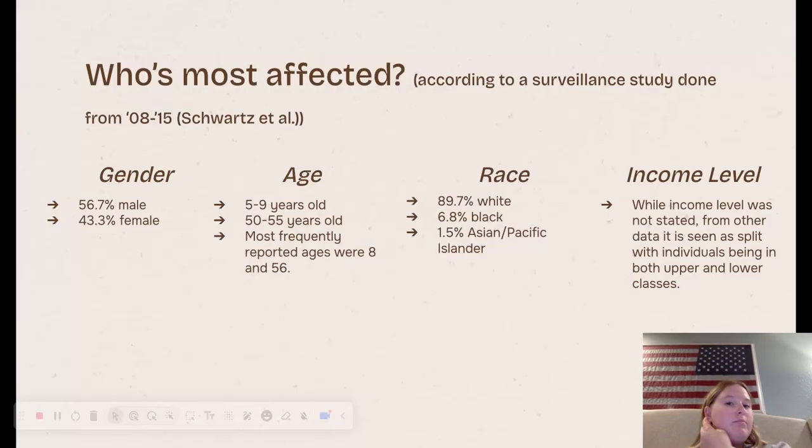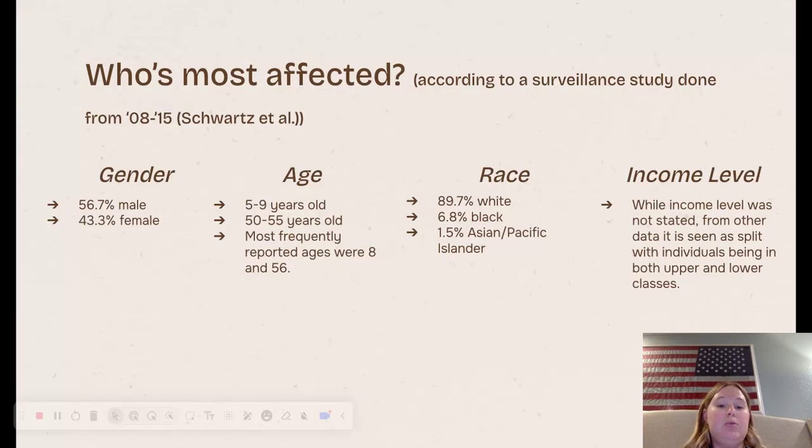And for age, similarly to what I mentioned earlier, the age groups were 5 to 9 and 50 to 55. This is because these groups partake in activities such as playing outside, yard maintenance, hiking, hunting, and this is all done in tall grass or wooded areas.